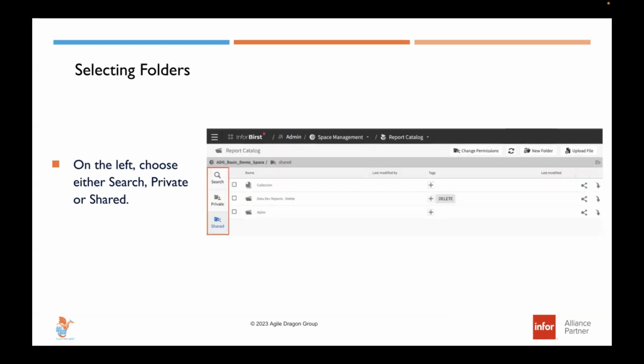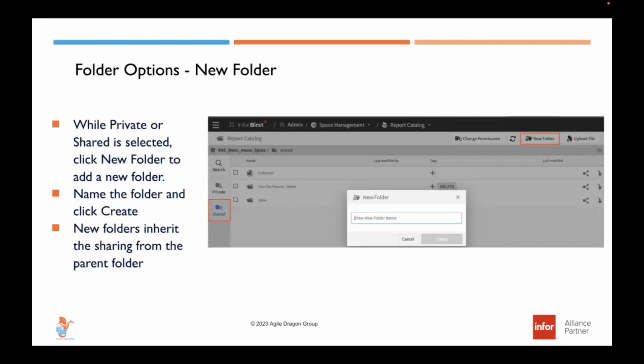Also, on the left-hand side of the catalog, you see that you have the private folder and the shared folder. Simply select either one to navigate within that folder structure. You can create new folders by first selecting either shared or private.